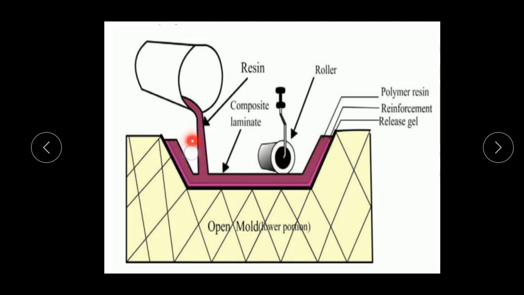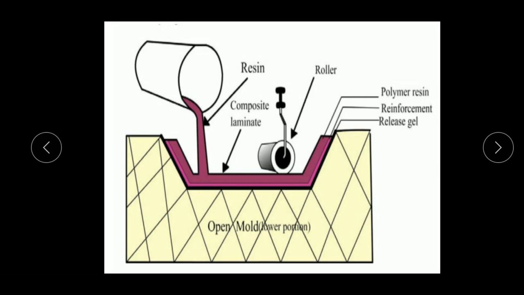After the pouring process is done, the roller action begins. The roller is rolled over the surface of the resin, which means there is a close contact between the reinforcement and matrix materials. Once the rolling action is finished, now we can remove the finished product from the mold box with the help of the release gel.